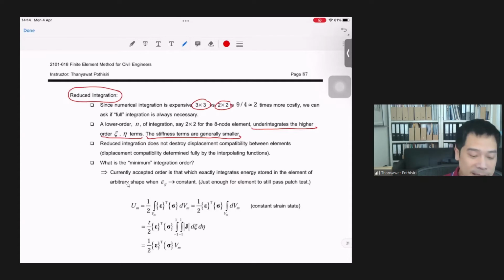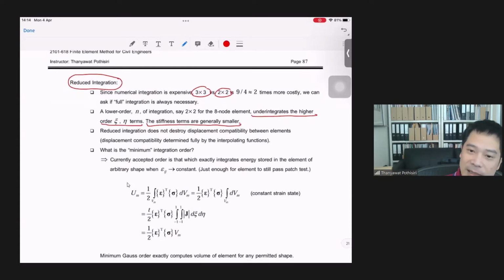But the question is, if it's better to reduce the order of integration, why not use a 1-point rule? That's the minimum order possible, right? So you can just use 1 point for your sampling point then. Okay.